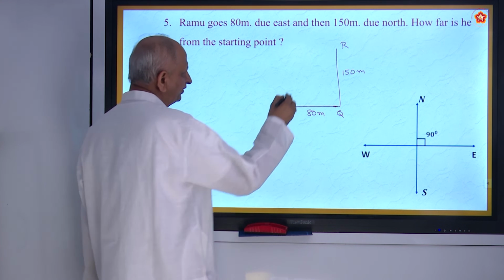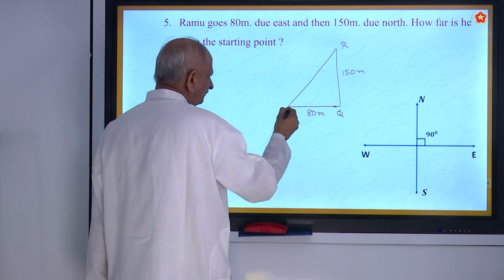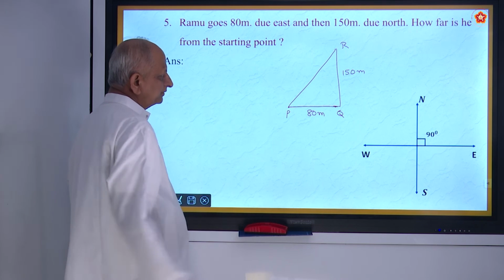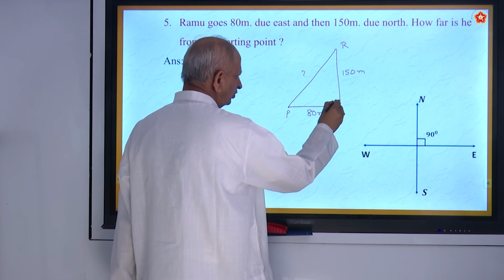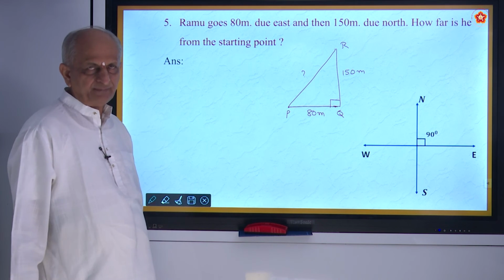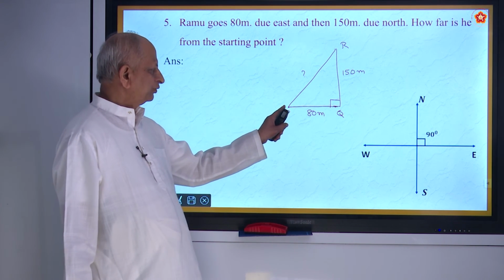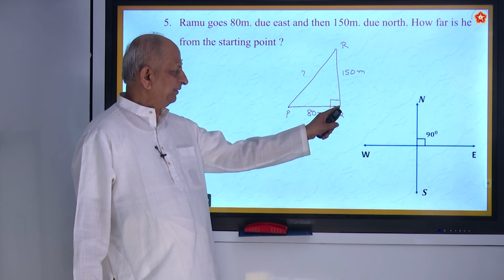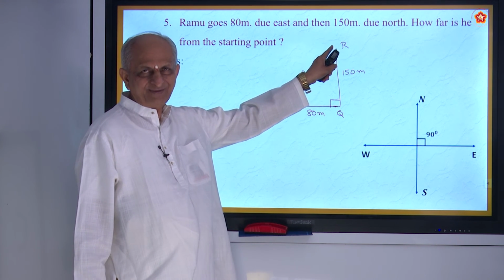How far is he from the starting point? So this is the starting point. This they are asking. So you draw a correct figure. So he starts from here, goes east 80 meters. From there he goes north 150 meters.